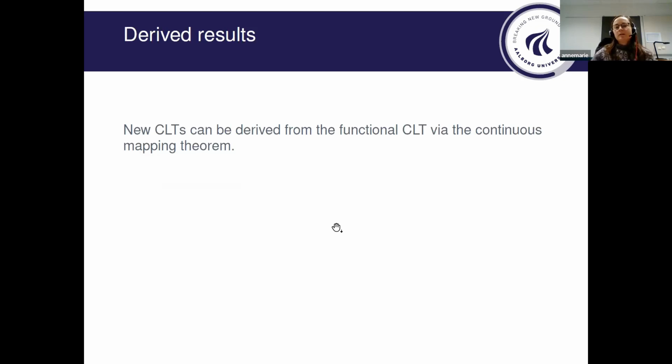Yeah. So what is the advantage of having a functional central limit theorem rather than just one for the individual Betti numbers? Well, the advantage is that we can use it also to derive new central limit theorems via the continuous mapping theorem. So that says that if you apply a continuous function now in Skorokhod space, then you also get new limit theorems.